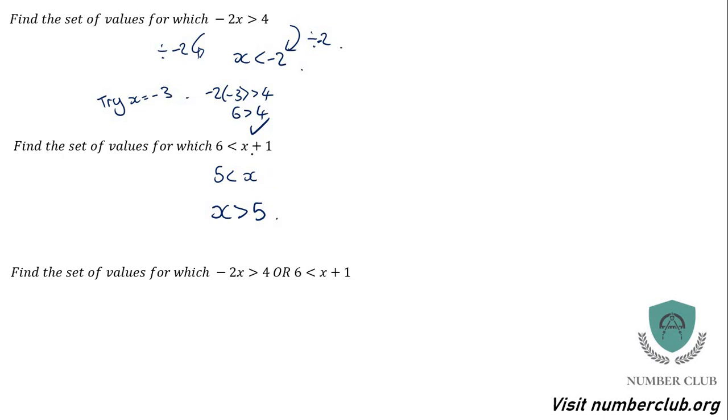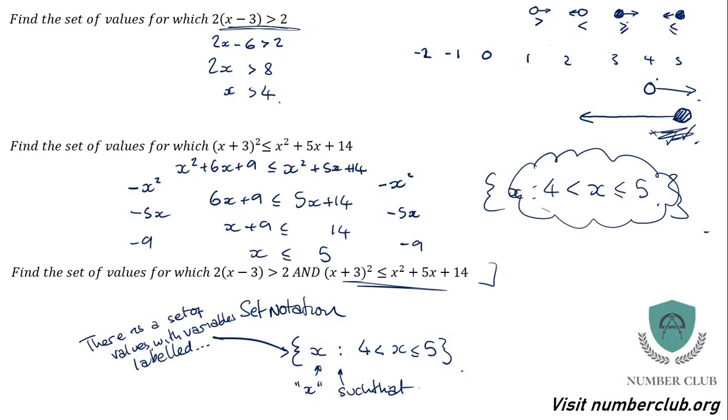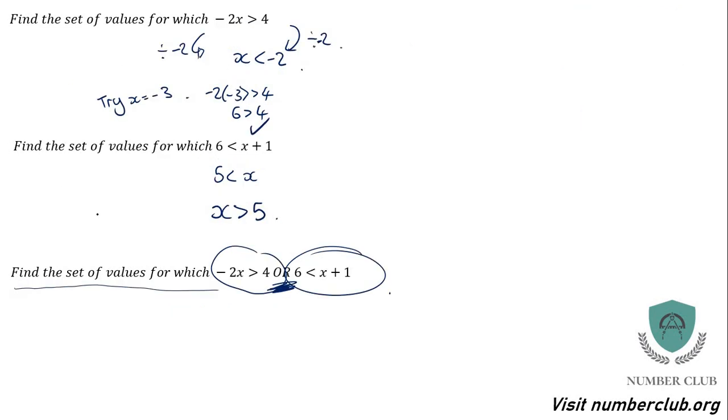So we had the set of values. We're trying to find the set of values for which the first inequality works or the next inequality works. Now in the previous one, we needed values where both of these inequalities worked. So it had to be this sort of area, didn't it? Whereas in this case, we've got x being less than negative 2.